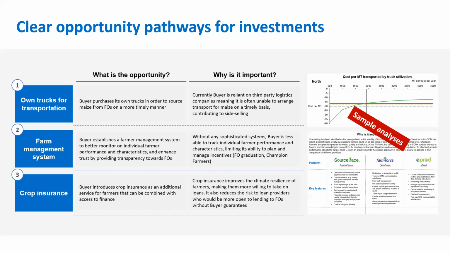We don't want to push them toward specific service providers, but we try to give them an understanding of what features a farm management system would have, which would allow them to take advantage of the opportunity. Okay, next slide.